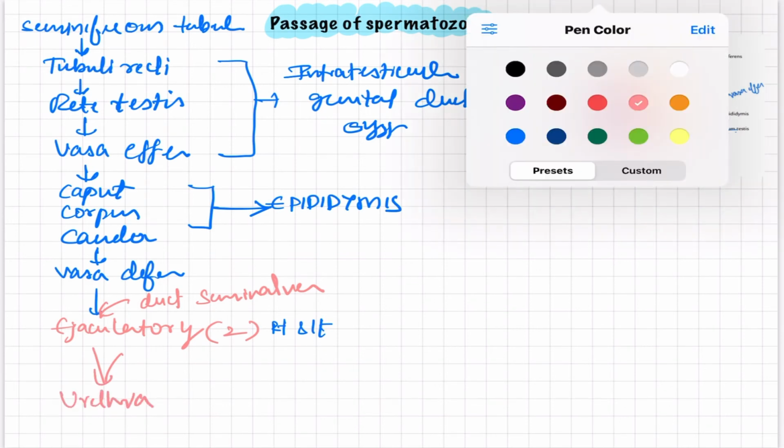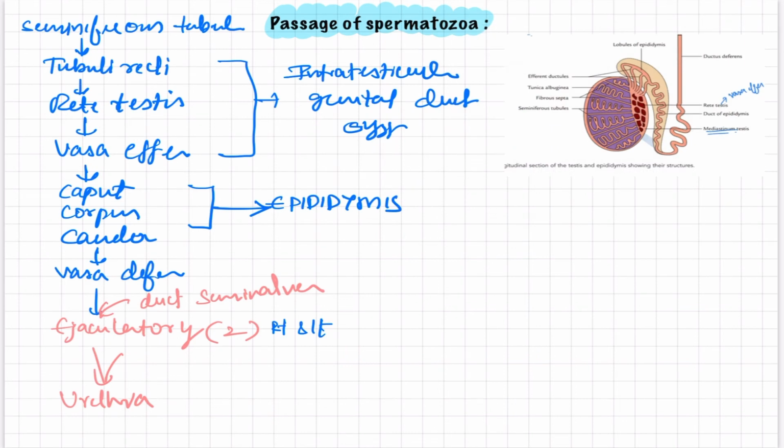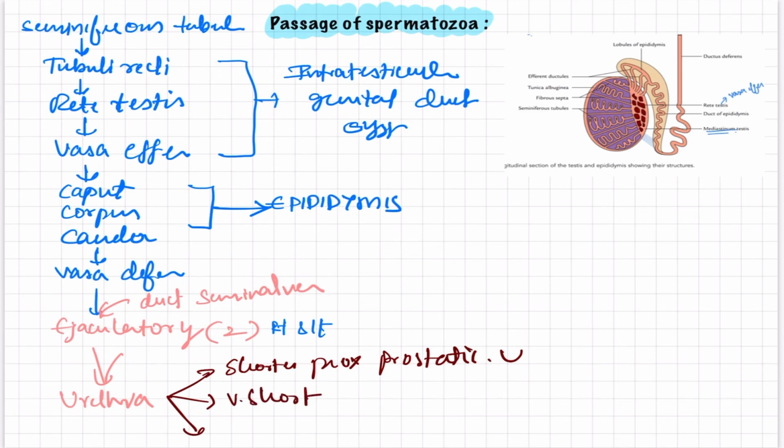But after the ejaculatory duct, both sides unite to form the urethra. For your knowledge, the urethra can be studied in three parts. First is the shorter proximal prostatic urethra. Then the very short middle membranous urethra, and last the long penile urethra.